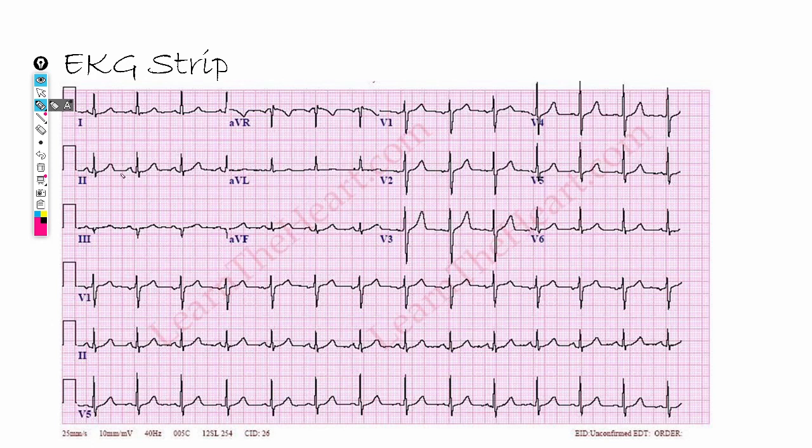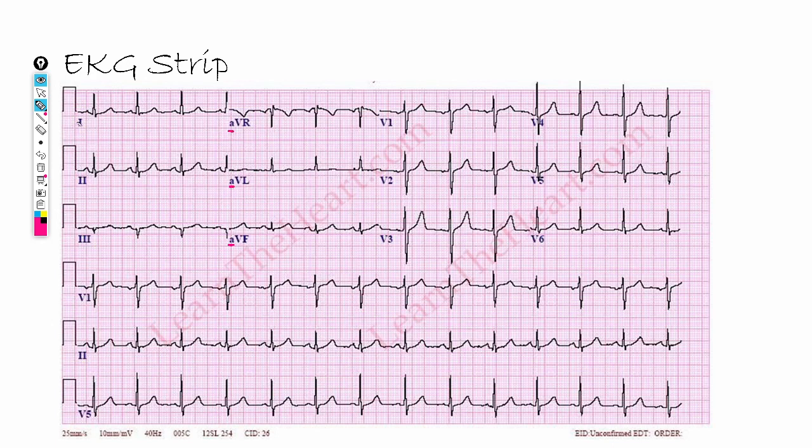So the standard EKG has 12 leads. There are 6 limb leads. They're known as lead 1, 2, 3, and AVR, AVL, AVF. Now the A stands for augmented because it's a combination of leads 1 and 2 or 3, depending on which lead you're looking at in the augmented realm.